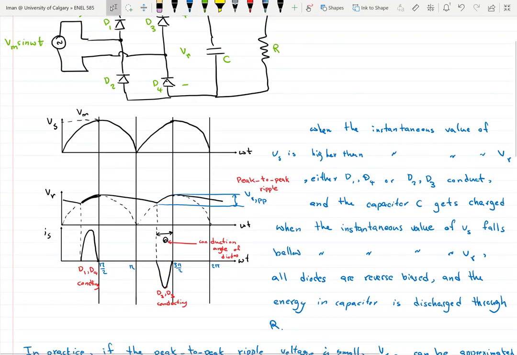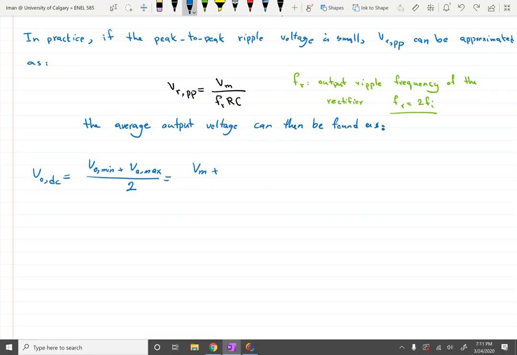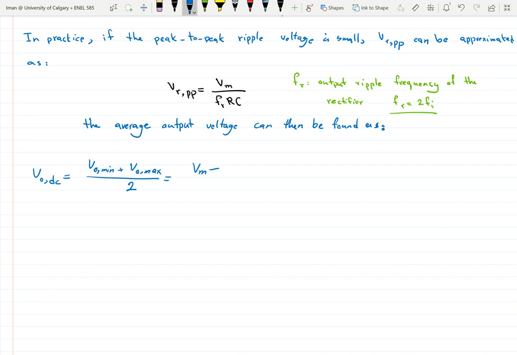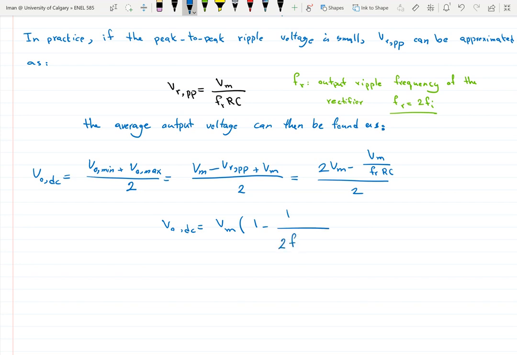This is again an approximation. This part is more linear, but this part is not linear, but we can just approximate that these are all linear. So this is equal to Vm minus V_R peak-to-peak plus Vm, divided by 2. So that's 2Vm minus Vm divided by f_R R C, divided by 2. Then V out DC is equal to Vm multiplied by 1 minus 1 over 2 f_R R C.